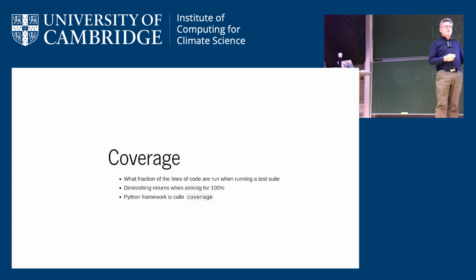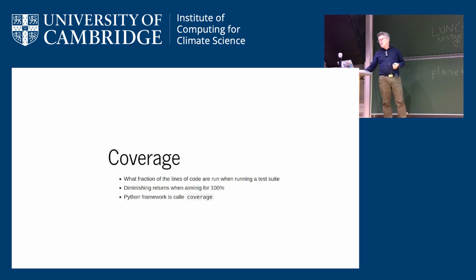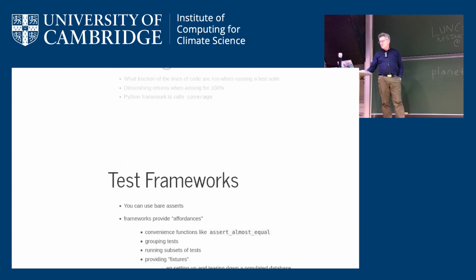This isn't just a Python thing, obviously. Pretty much every language with a test suite has a coverage library, so you can get those figures out. You'll quite often see it on GitHub repos, on the badges at the top of their README, the percentage coverage from a coverage tool.